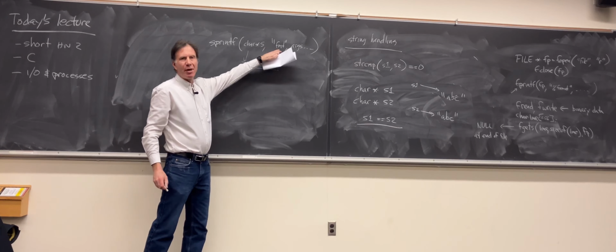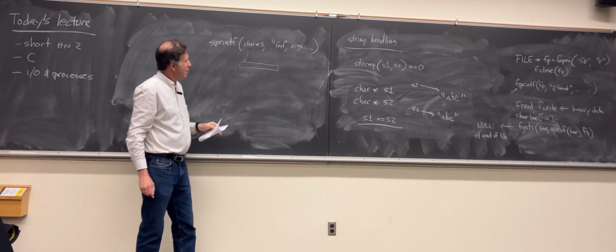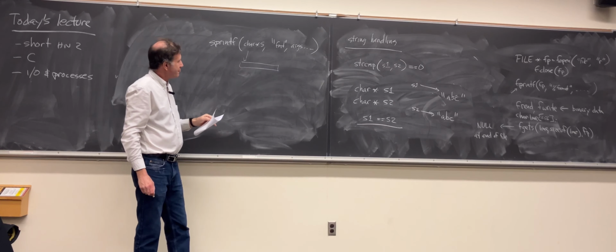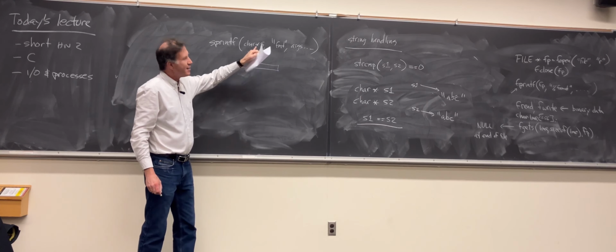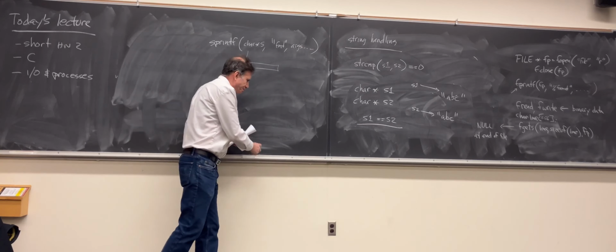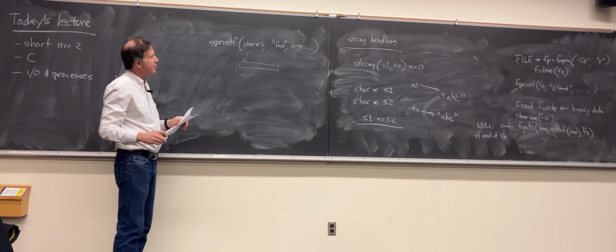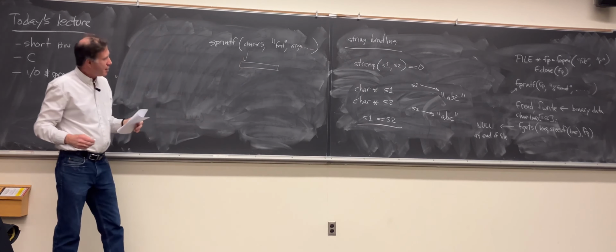So you give it a format, and it fills this out. Yes, it doesn't take a length on that. That's evil. But in general, for the types of things we're doing in this class, that's fine.